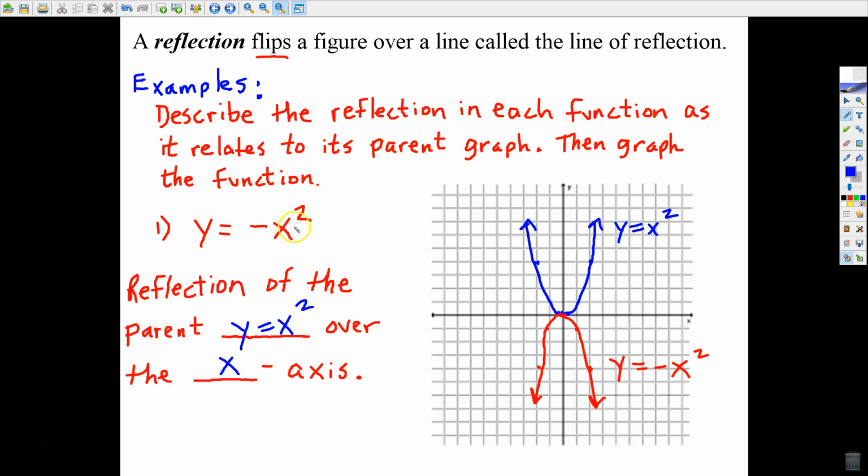Okay, so the big takeaway. Minus sign in front of our function that is not in parentheses, that's always going to reflect over x. Always. When I do this, I've now changed it so that it reflects over y. Okay, no parentheses, or, let me give you another example.